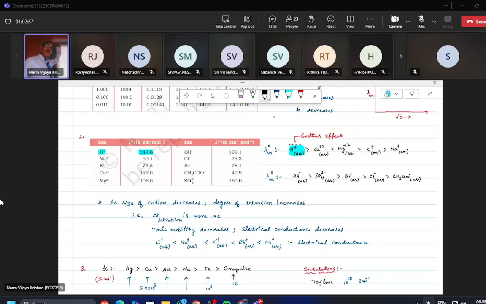Once H plus is over, conductance starts showing because of the next ions: Ca 2 plus, then Mg 2 plus, then K plus, then Na plus. Everything is based upon their mobility and their ability to undergo reduction.